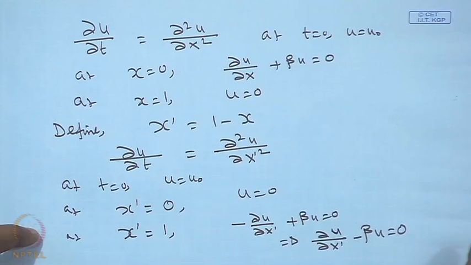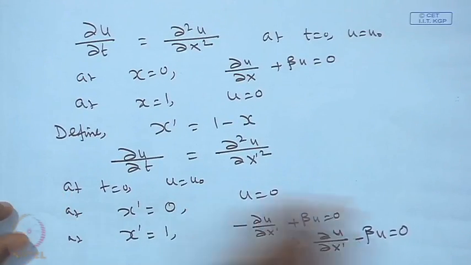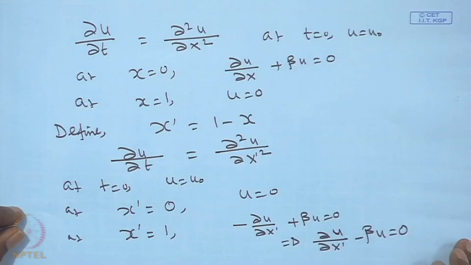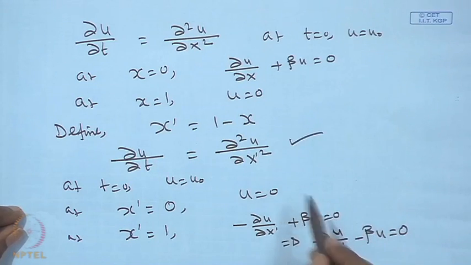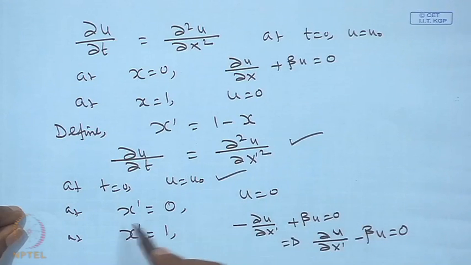Now, let us examine this problem. What is the difference between this problem and the standard problem we have solved? The governing equation remains the same, the initial condition remains the same, the boundary condition at x prime equal to 0 remains the same, but the boundary condition at 1 differs. In the standard problem we have solved, it is del u del x prime plus beta u; in this case it becomes minus beta u.